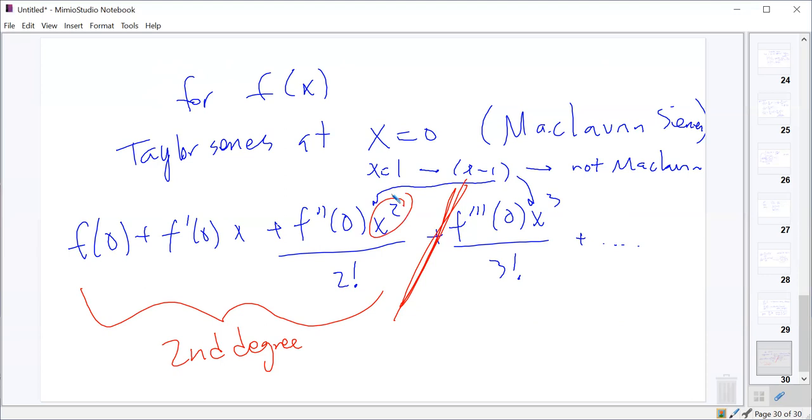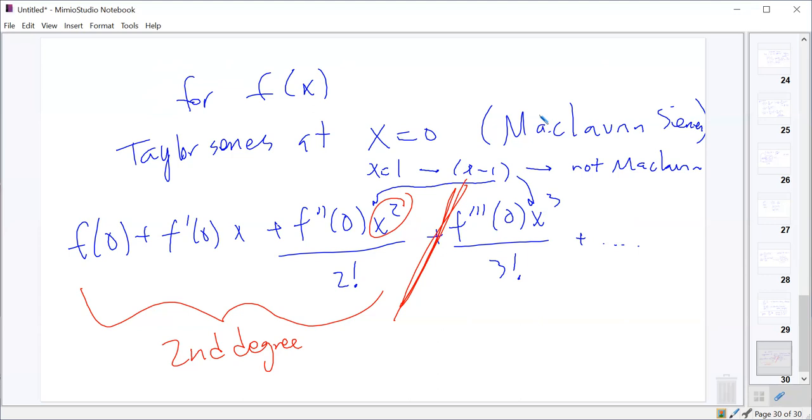If I say the second degree Taylor polynomial, that does not mean 2 terms. That means enough terms up until we get to an x squared. If I say the 5th degree Taylor polynomial, you put in all the terms until you have x to the 5th. It's not 5 terms, it's terms up to x to the 5th, which sometimes pops up when you're looking at a series for sine x or cosine x.